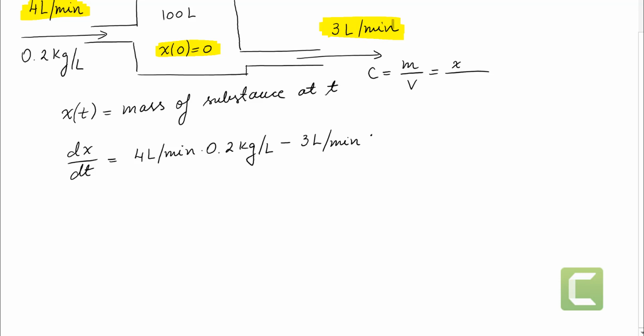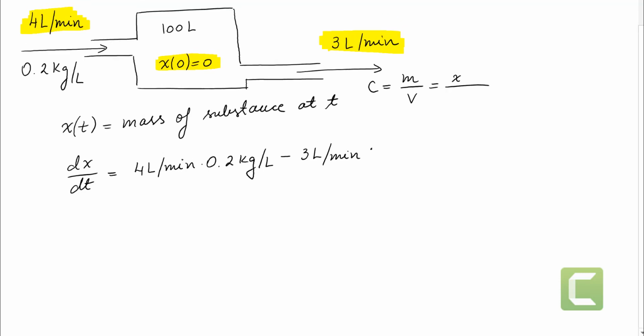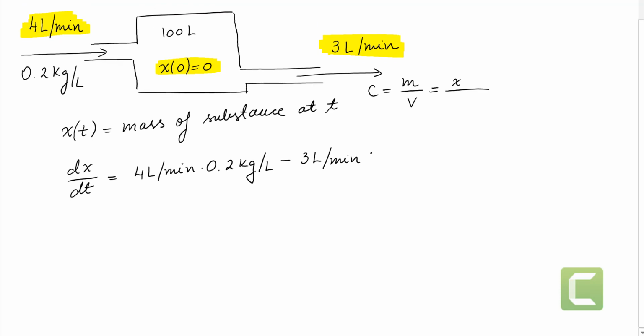But because the flow rates are different, we're going to say that the volume is 100 plus, because what goes in is more than what goes out. Let's think, after 1 minute, we're going to have 101 liters inside, right? Because 4 minus 3 is 1. After 2 minutes, we're going to have 8 minus 6, so 102.